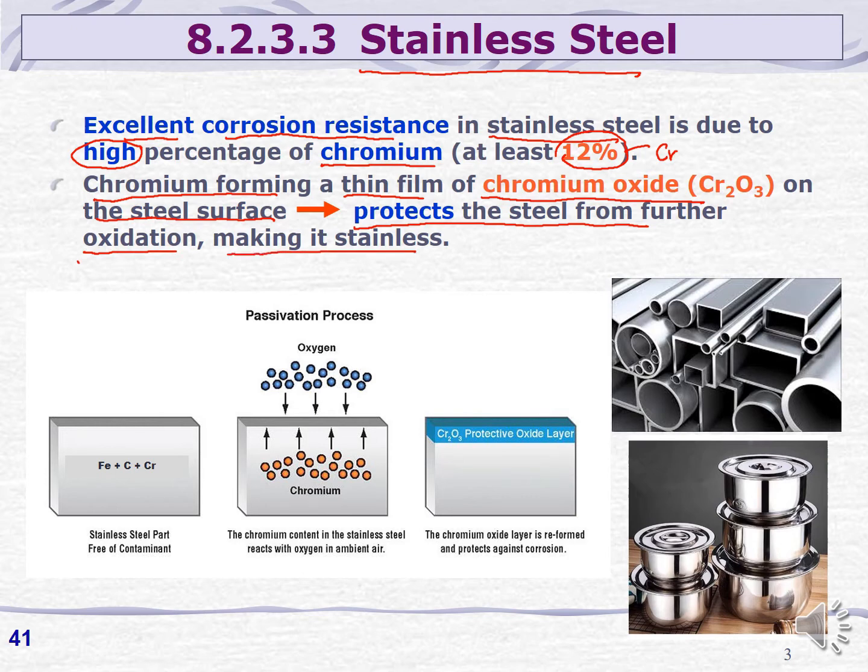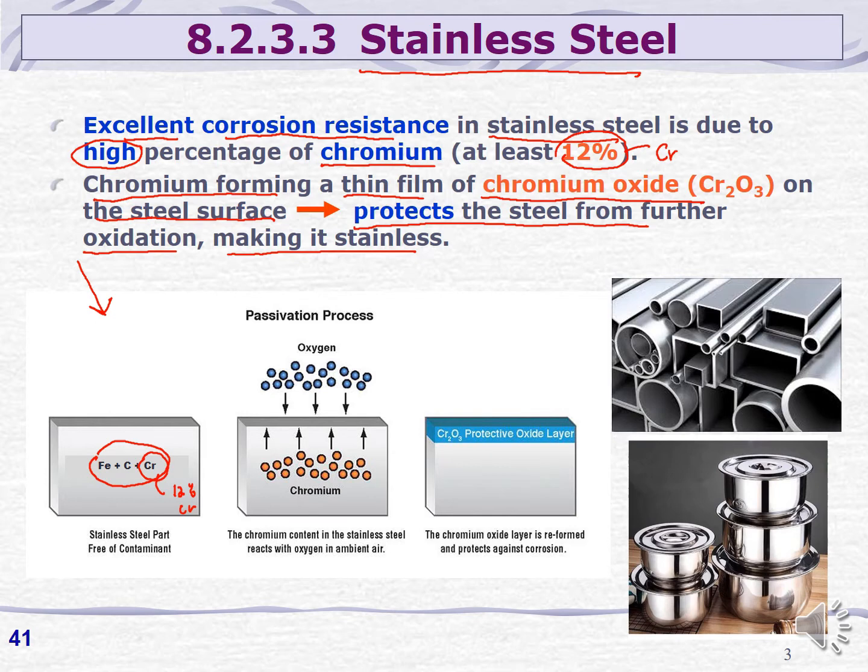Okay, here we can see an illustration. This is stainless steel, which consists of iron, carbon, and chromium, at least 12% of chromium. This first picture is without any contamination.